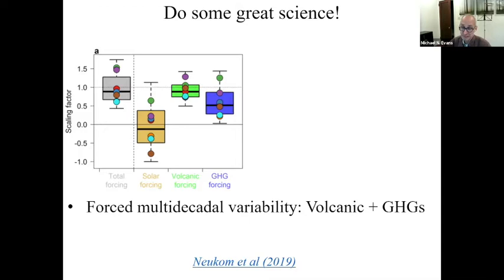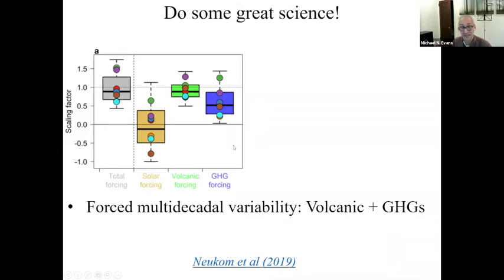We saw broad agreement at these timescales, which was a bit surprising to me for reasons I can explain in questions. Nevertheless, we saw it, and so this enabled what we call fingerprinting exercises, where you can compare or literally regress the reconstructions on simulations with all radiative forcings or just individual radiative forcings.